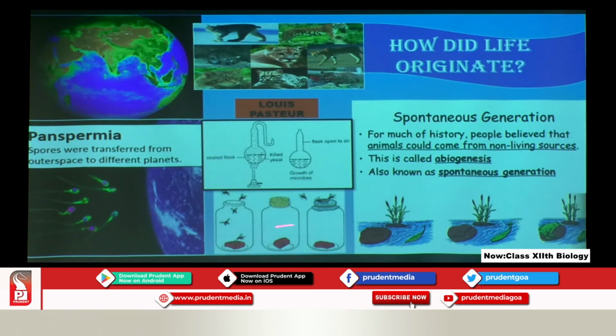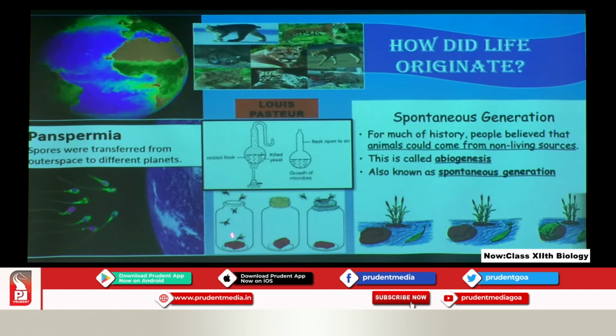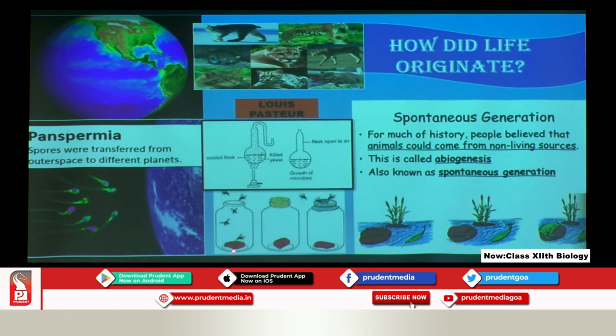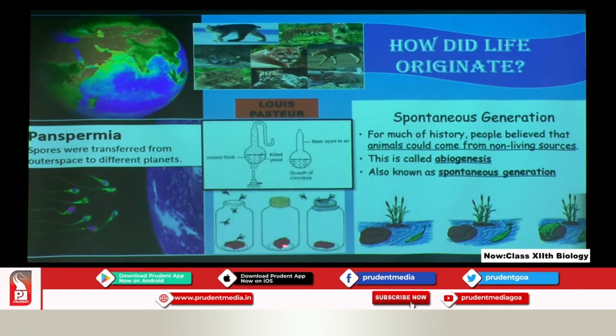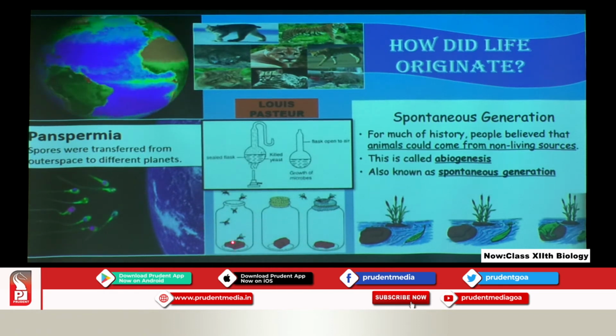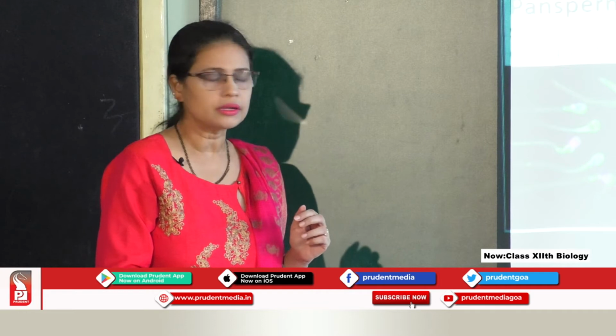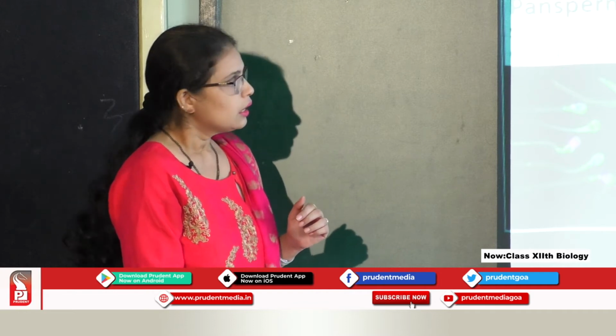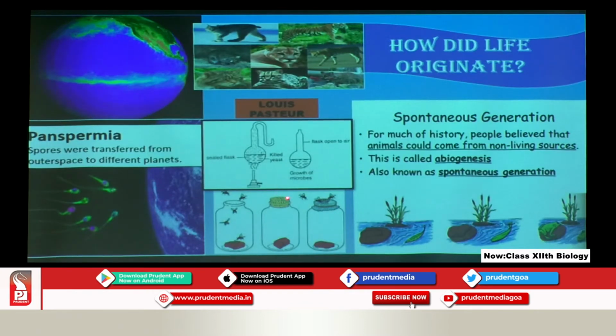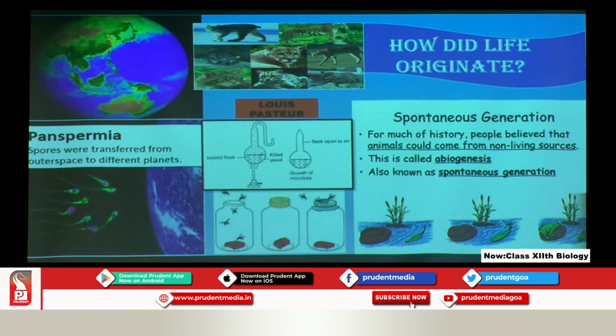So what happens in such cases is you will find that the bottle which is open will attract flies from outside. They will feed on that decaying matter, organic matter, I can say, and they will start laying eggs. So maggots will come, maggots are the larvae. In the second one, you find there are no flies coming because even the smell is not going out.